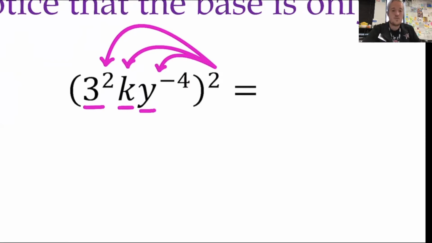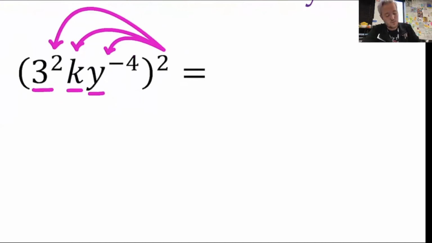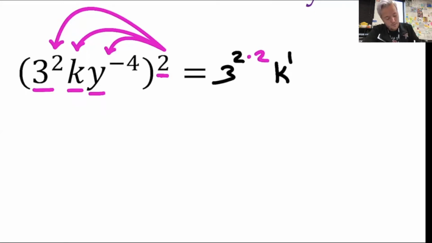All right, so we're going to multiply all those exponents according to what the base has already. So the 3 already has an exponent of 2, but then I'm going to also multiply it by 2 based on the exponent from the outside. And then with the k, there's no exponent, so we assume there's a 1 there. And then we're going to multiply it by 2. And then for the y, it has an exponent of -4, but I'm going to multiply it by 2.